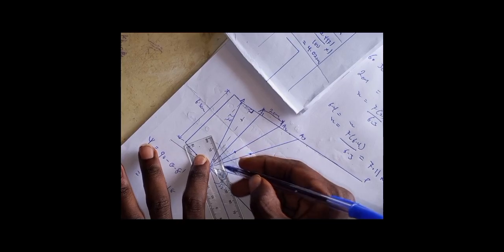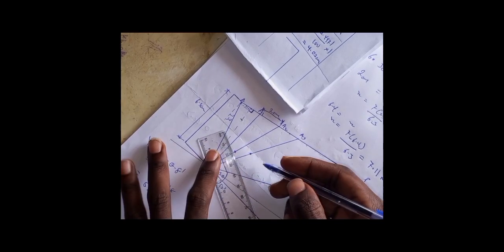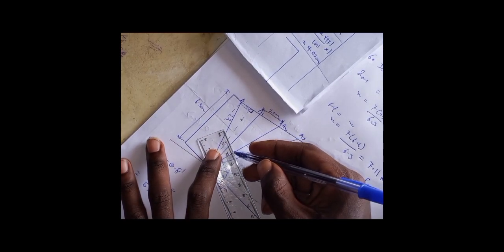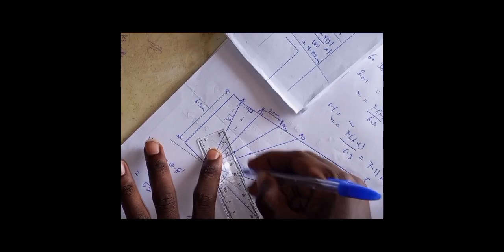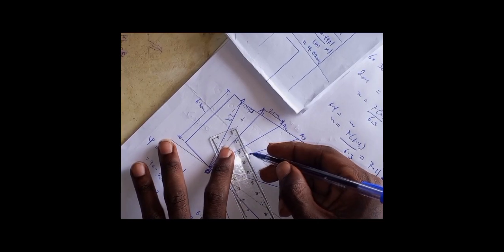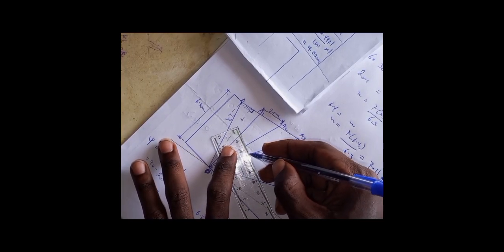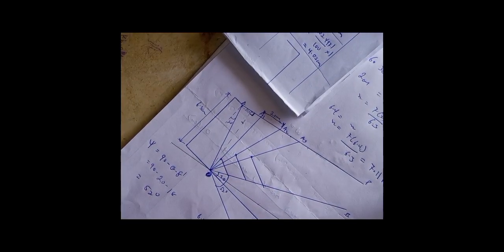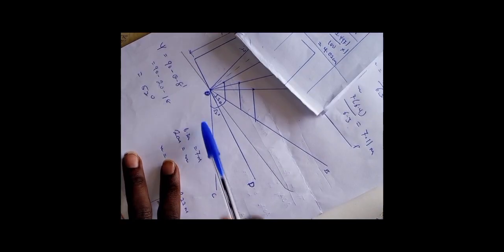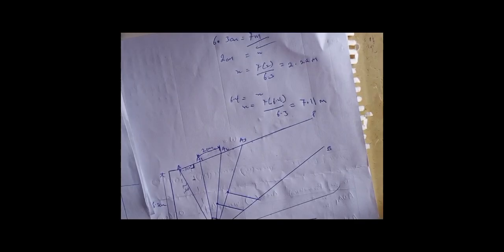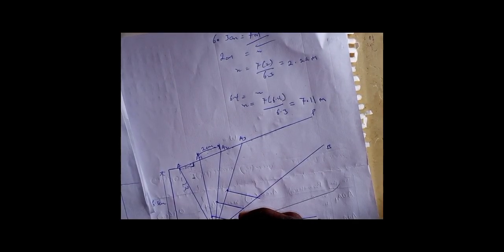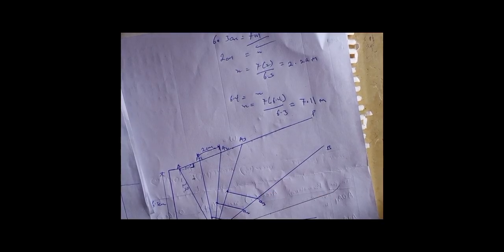I draw one line here, another one here, and finally another one. Each line should be parallel to this OC line. Good. Now this is OA, and this is A1, A2, and A3.